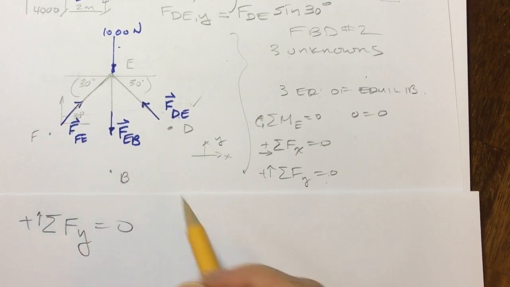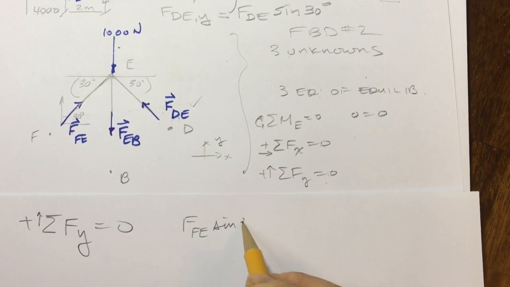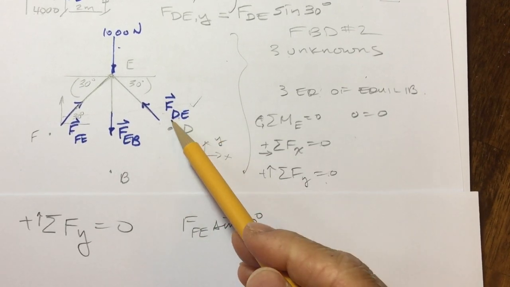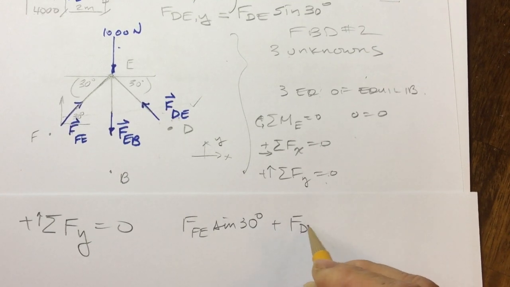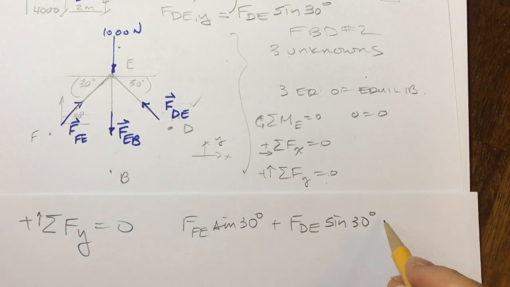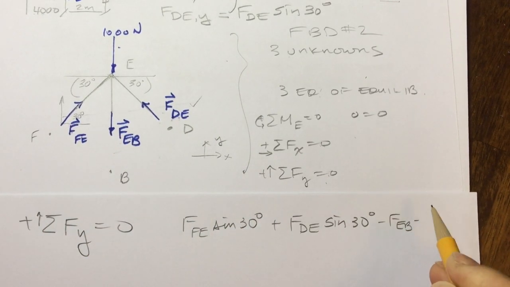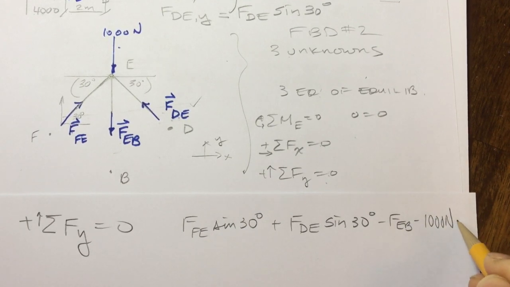So it would be FFE sine of 30 degrees. Same thing for FDE. We would have FDE sine of 30 degrees minus FEB minus that 1,000 Newton force.